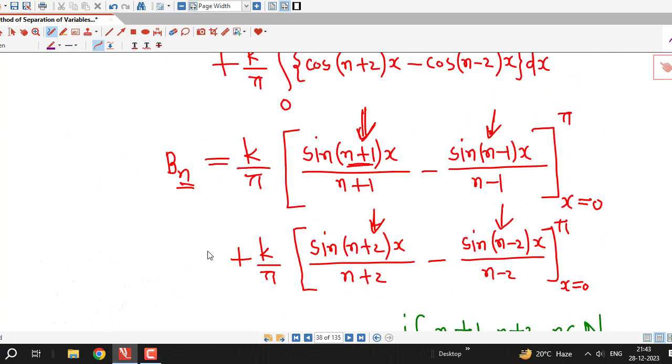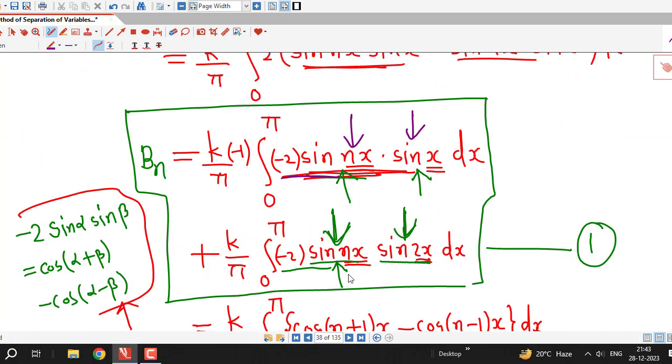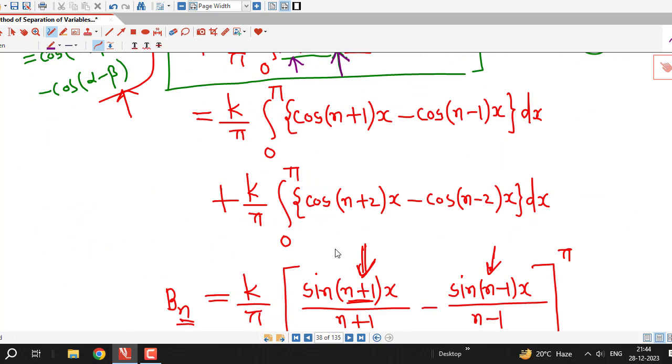And second part is, if I take n equal to 2 here, I will have minus 2 sin 2x into sin 2x, that is sin square 2x into minus 2. Now I will not require minus sign here, so that I will take outside. I will write this as minus k by pi, 2 sin square 2x.